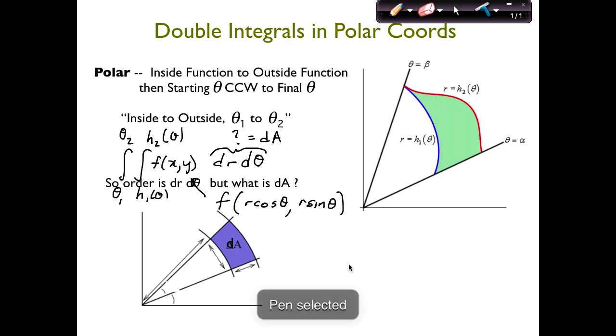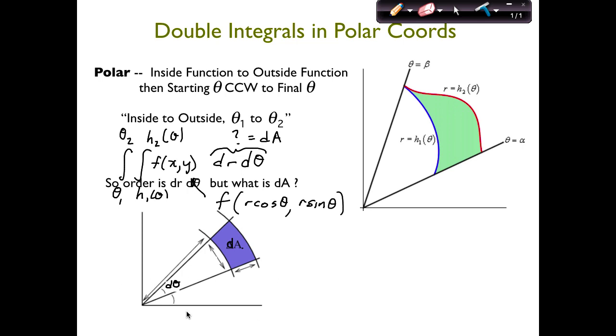All right, so what can we fill in the blanks here? Let's start with this right here. If this is our dA, this little purple sector thing, what would that be? Someone said it, this is d theta. This is the little change in angle associated with our little element.